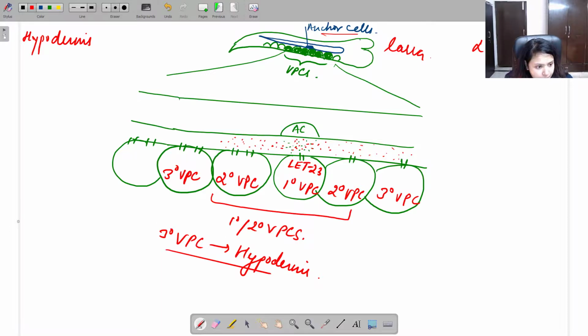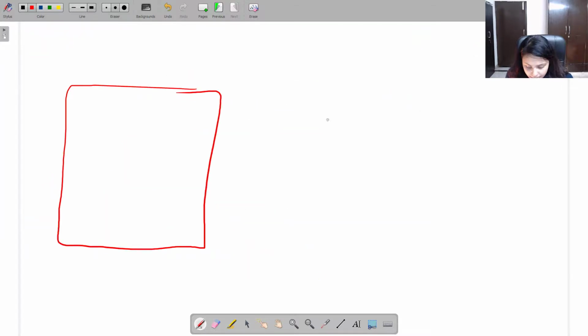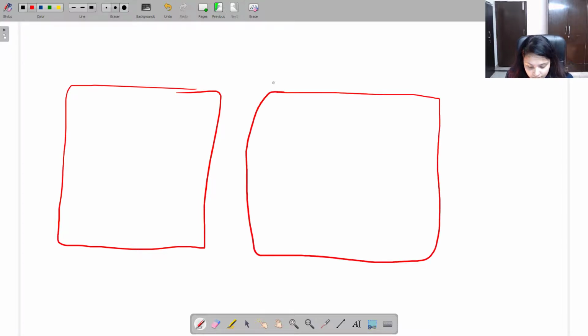But the primary VPC inhibits the secondary VPC from converting into primary. This inhibition is by a particular signaling known as delta notch signaling. This is the primary VPC, and this is a secondary VPC. When Lin3 comes into the picture, it triggers LET-23, which is the receptor of Lin3.